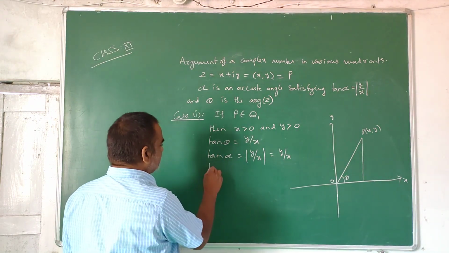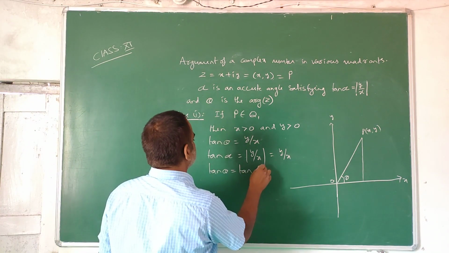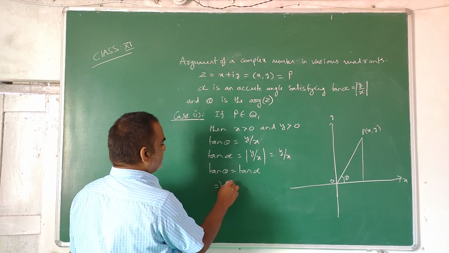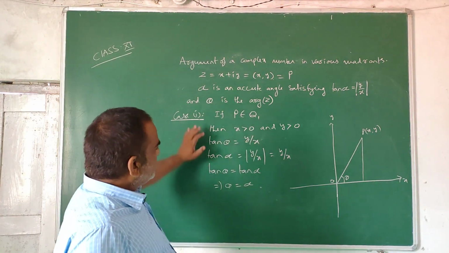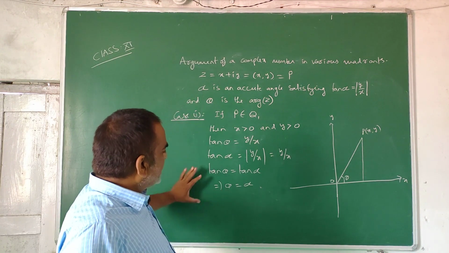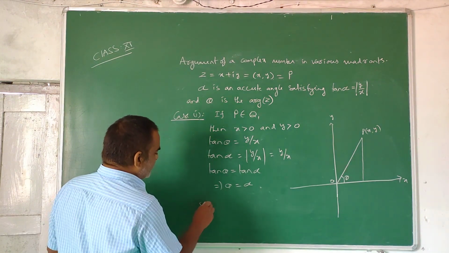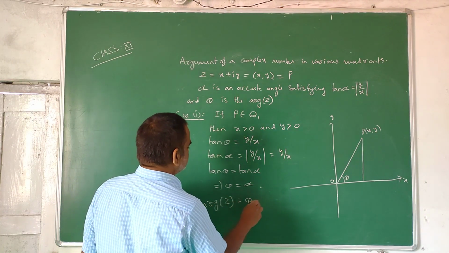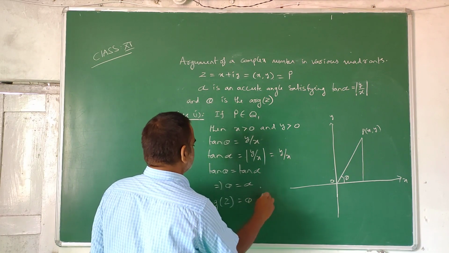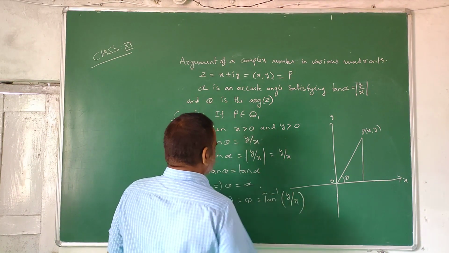Then tan theta is equal to tan alpha, and hence theta is equal to alpha. So when P belongs to Q1, theta is equal to alpha. So our argument of Z is nothing but theta or alpha.